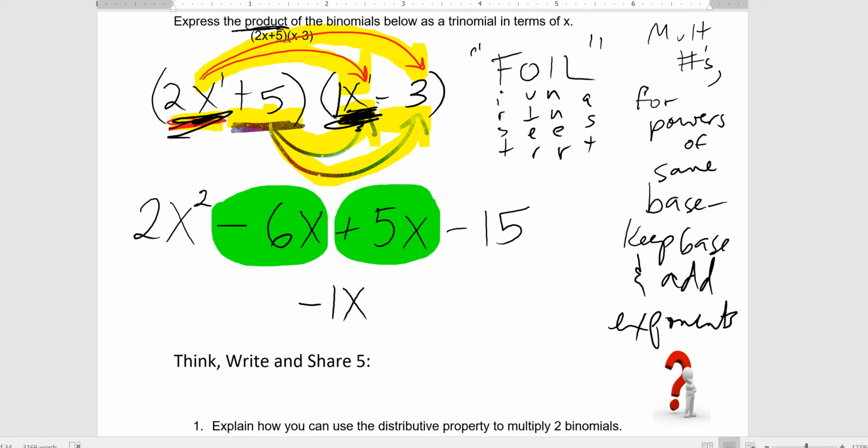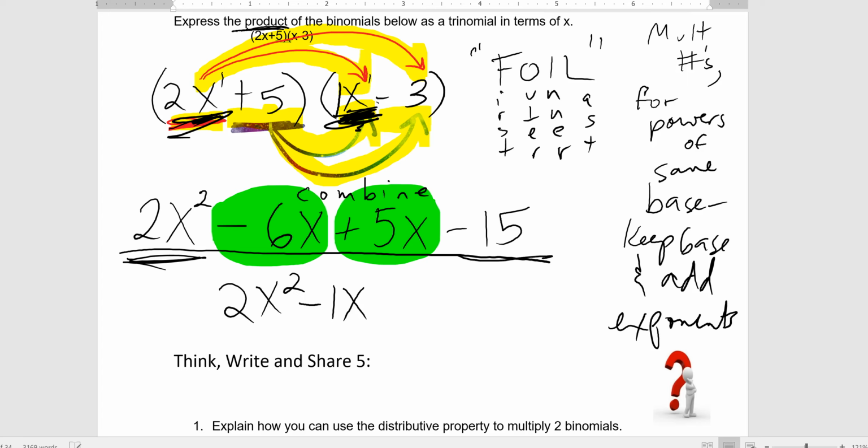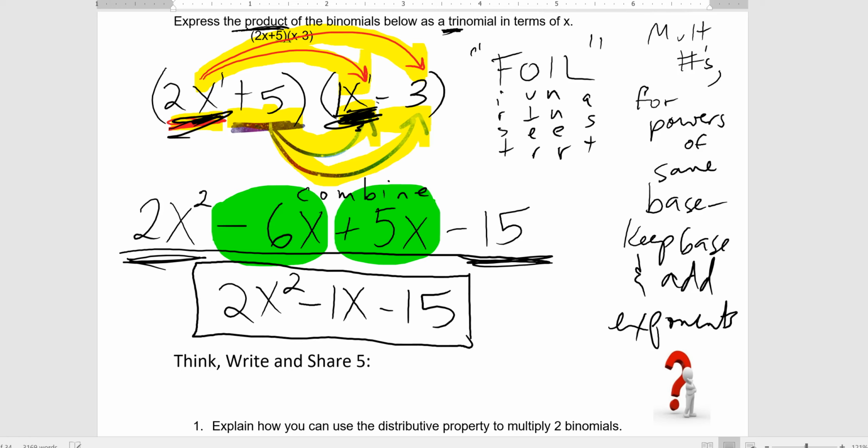Up here we were getting a product, we were multiplying, and we were done with our multiplication. Now, when we just want to put like terms together, that is called combining. And so the rules go back to rules for addition. Okay, this term doesn't combine with anything. We have no like terms for that. And this term, the negative 15, doesn't combine with anything. And that's how we end this with a trinomial, something that has 3 parts to the expression.